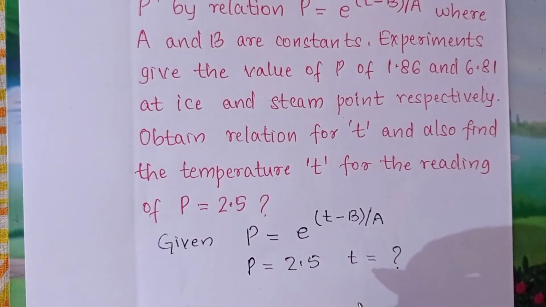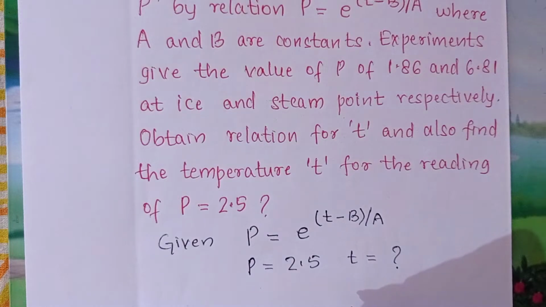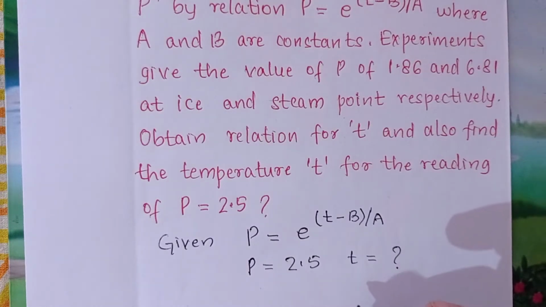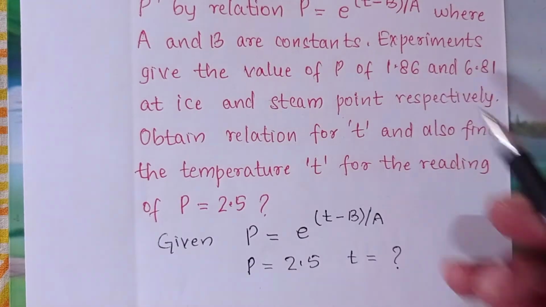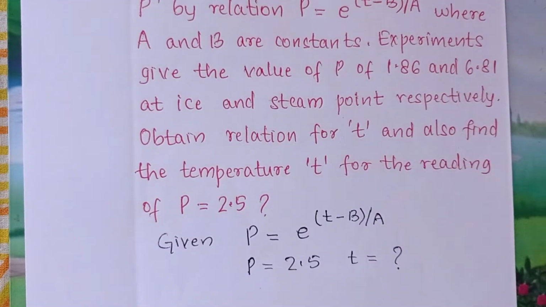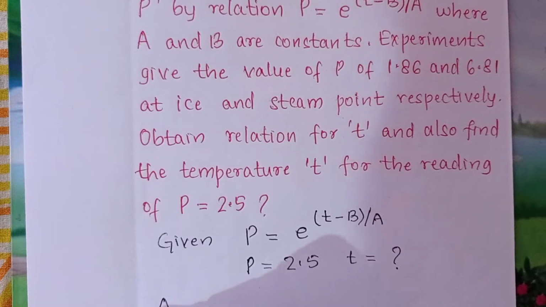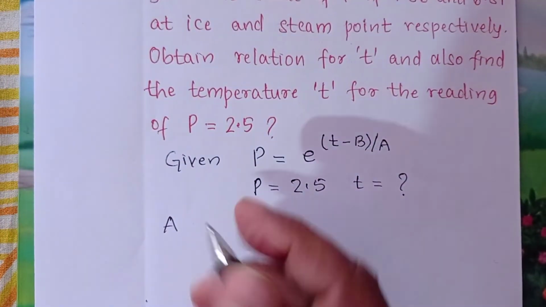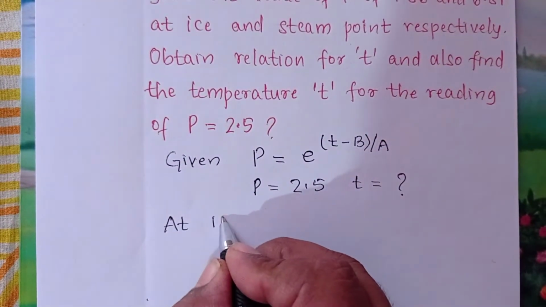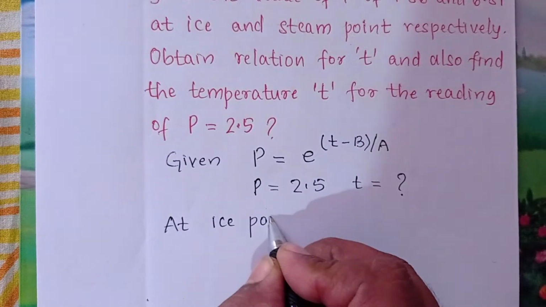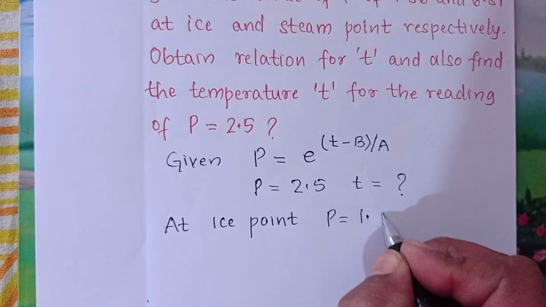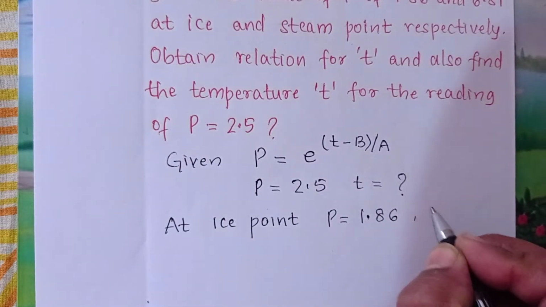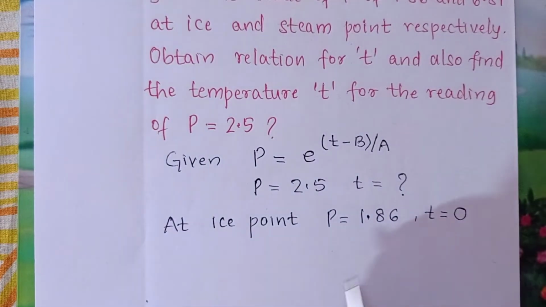So, let us continue and write the terms. Again, the values of P at ice point and steam point are given to us. At ice point, P is equal to 1.86 when T is equal to 0.